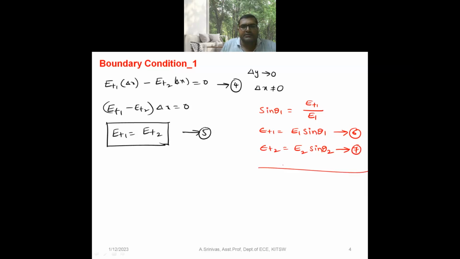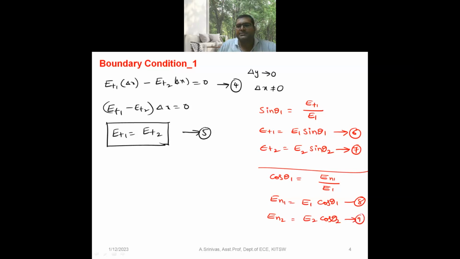And by applying cos theta 1 is equal to En1 by E1, En1 is equal to E1 cos theta 1, and En2 is equal to E2 cos theta 2.